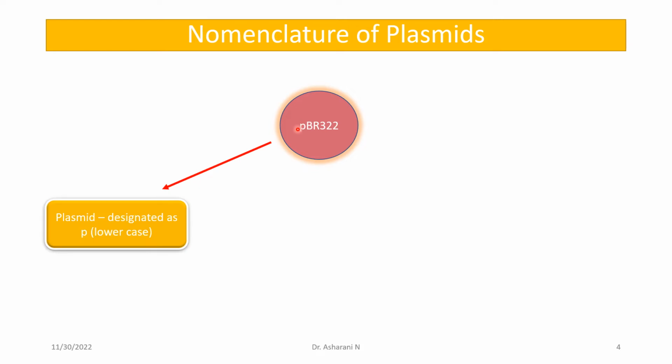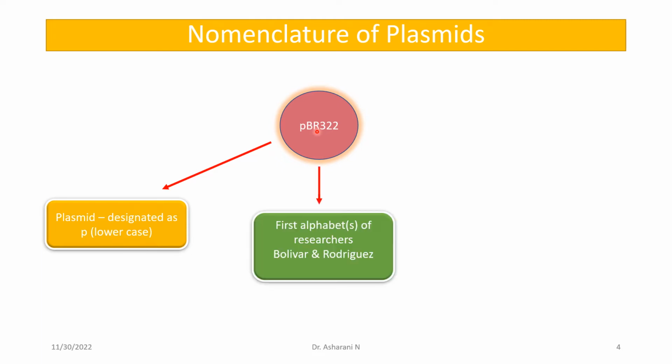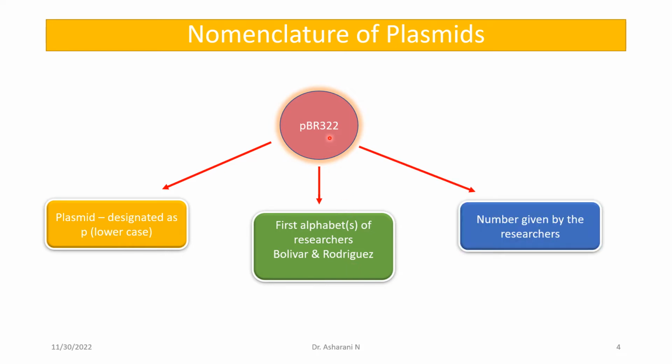So plasmid is designated as p in lowercase. Now the BR, which is written in capital letters, denotes the first letters of the discoverers' names, Bolivar and Rodriguez. Now we have a number, so that is the number given by the researcher.